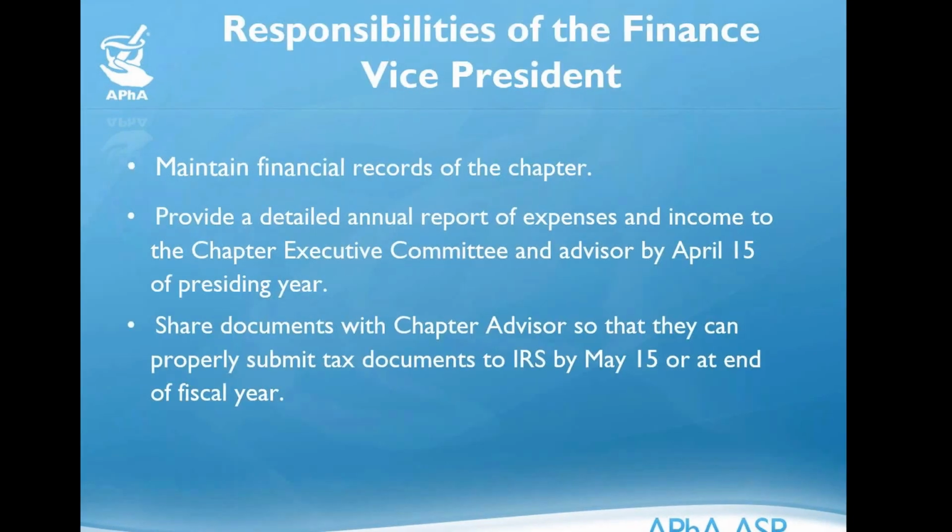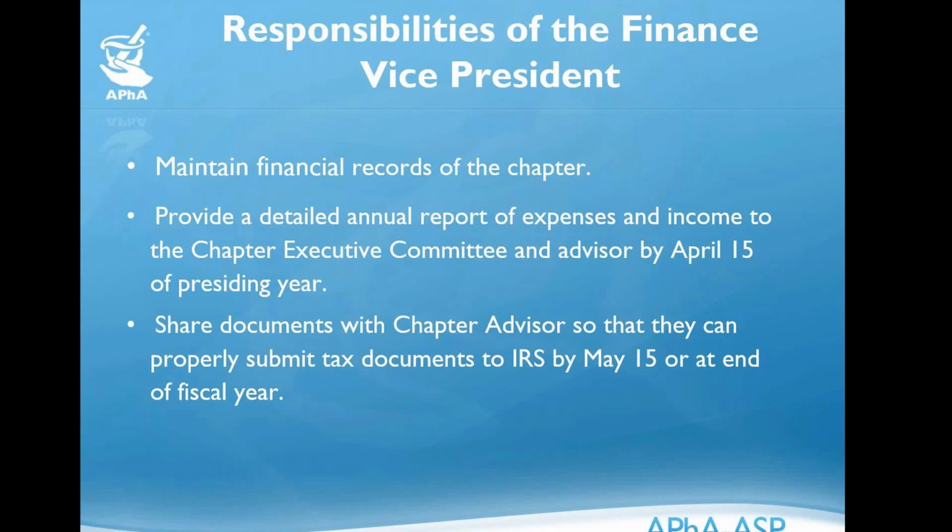First off, I have a couple of slides that detail the major responsibilities of the Finance Vice President. There are certainly other ancillary responsibilities along the way, but first and foremost, you are the person in charge of maintaining the financial records for your chapter. This is extremely important for a variety of reasons.